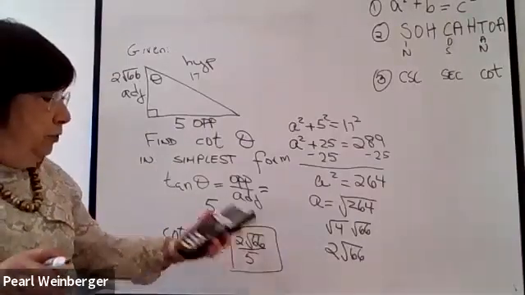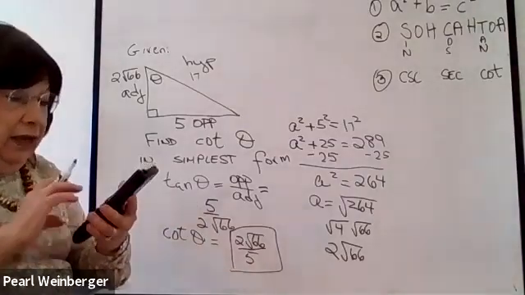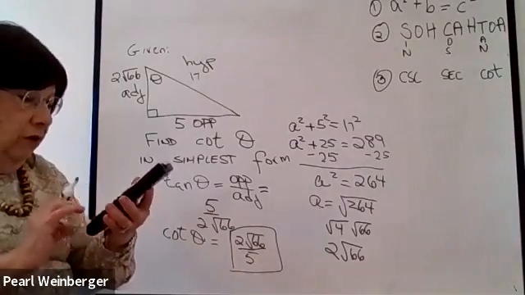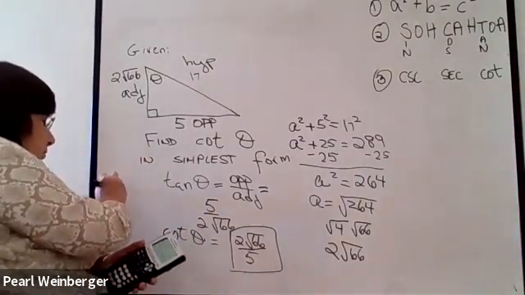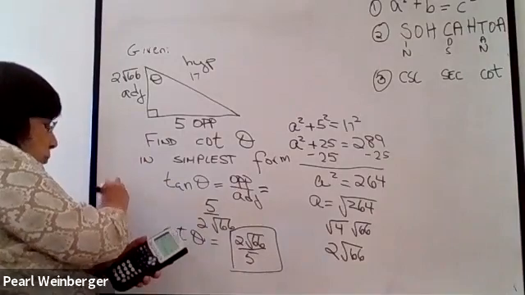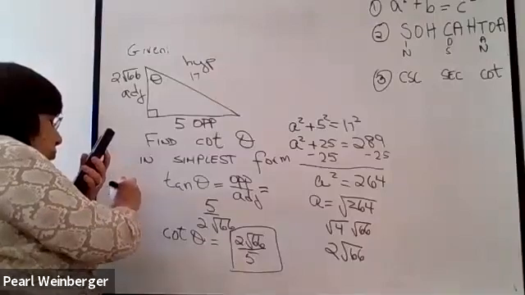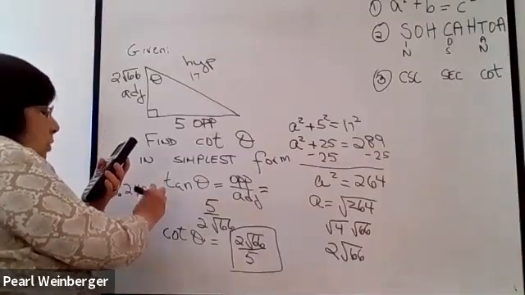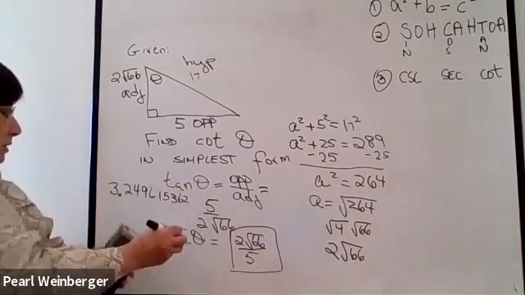So I have 2 square root of 66, and I get out of the square root and press divide by 5. What I get in decimal form is 3.249615362. That's everything that I see.